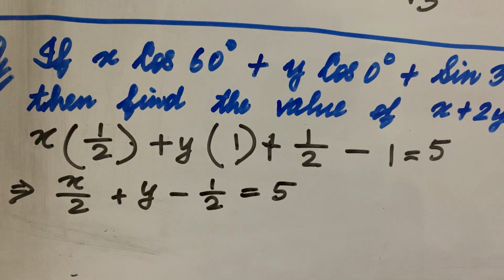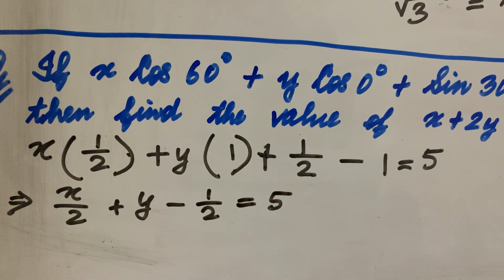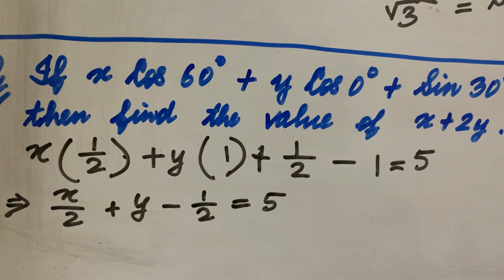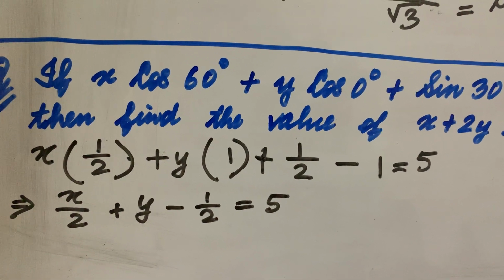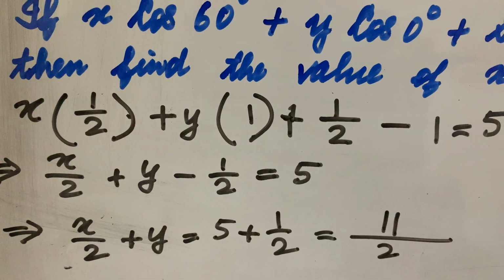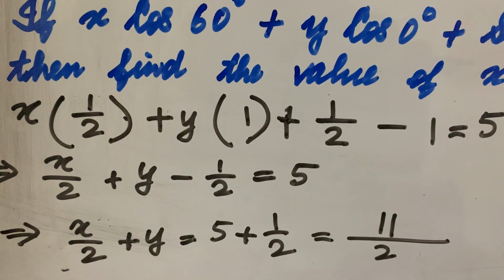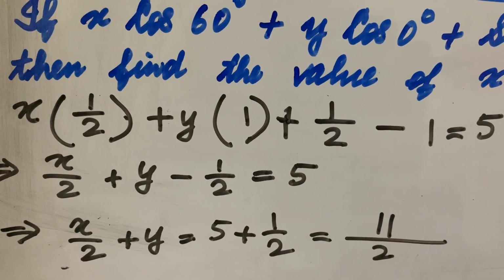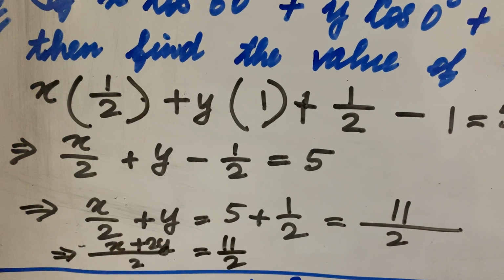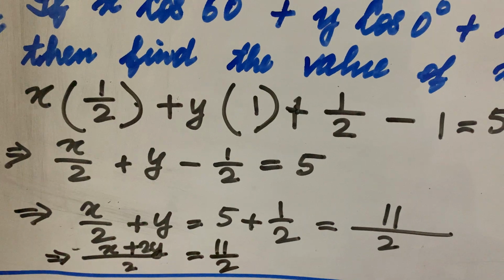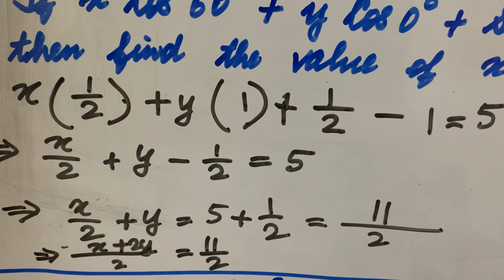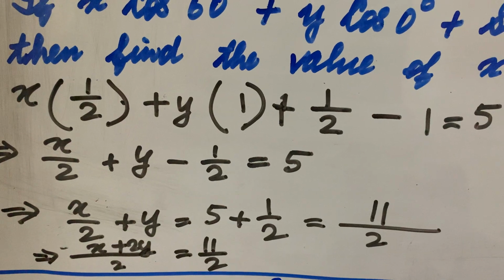When we simplify, we get x by 2 plus y minus half equal to 5, since minus 1 plus half is minus half. When we simplify it again, we get x by 2 plus y equal 5 plus half. What is 5 plus half? You take the LCM 2, you get 11 by 2. Next we take the LCM on the left hand side, which is 2. So it becomes x plus 2y by 2 equal 11 by 2.